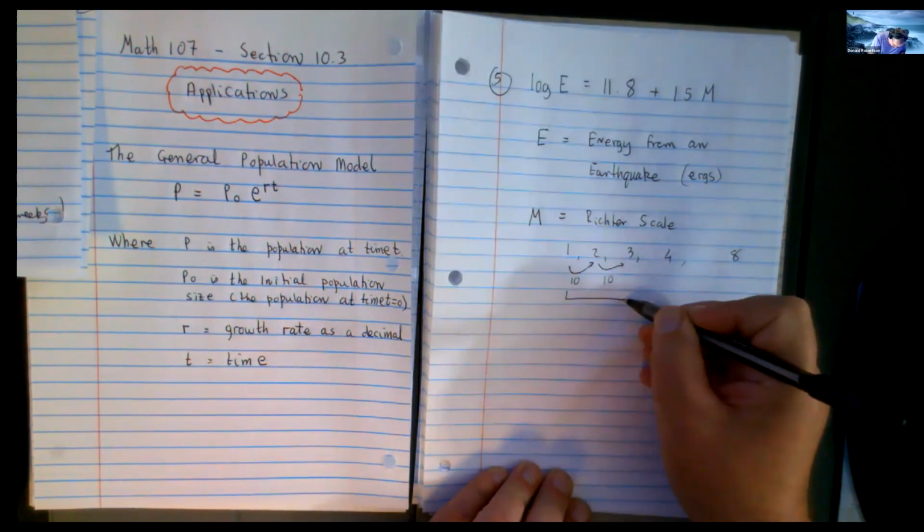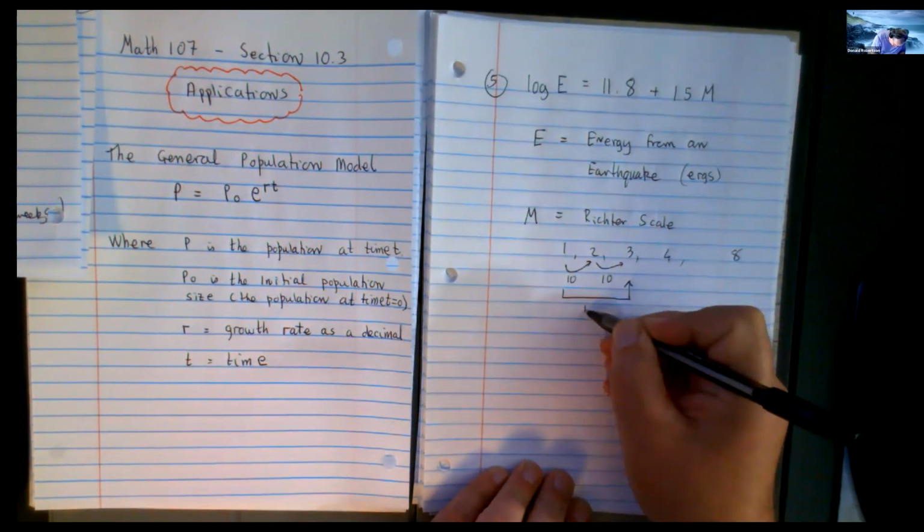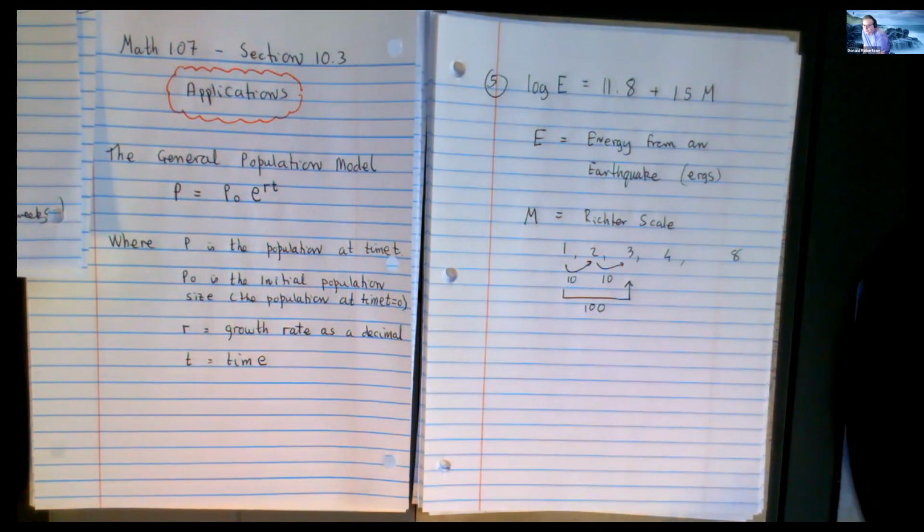But a level 3 earthquake is 100 times more powerful than a level 1 earthquake. So you can see that the units go up in steps of times 10, which is not the usual kind of linear scale. So a 3 and a 6 are not double each other. A 3 and a 6 is 1,000 times more powerful.